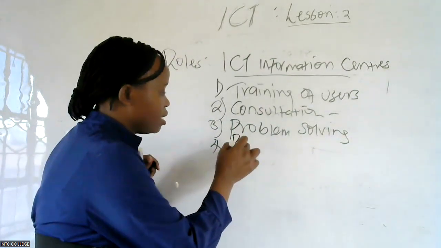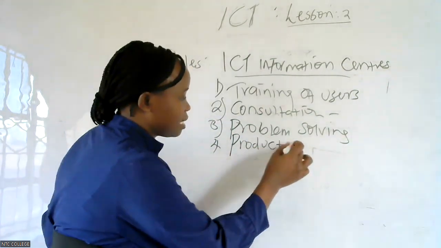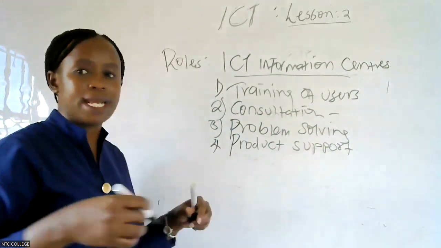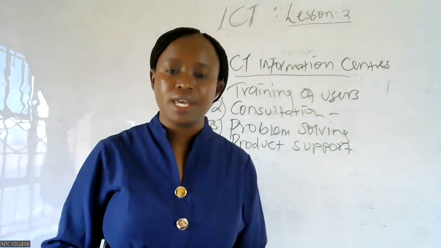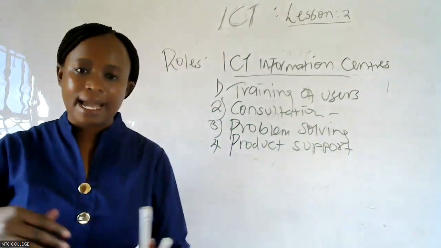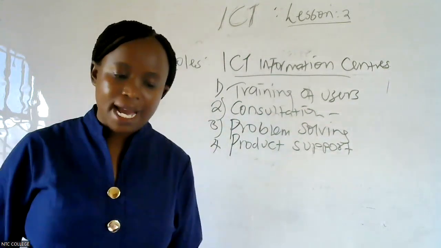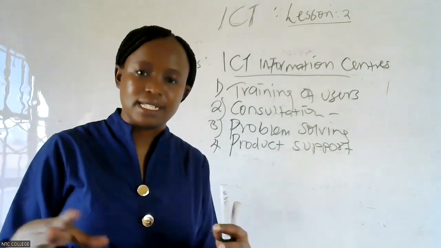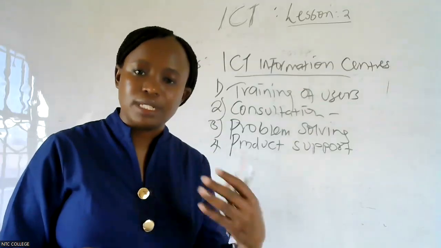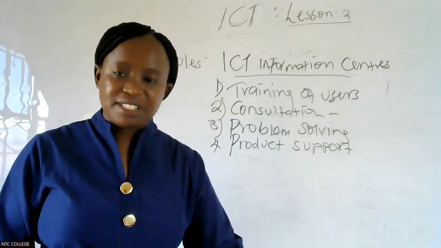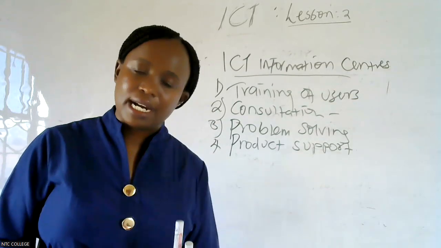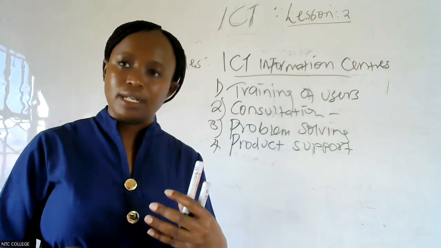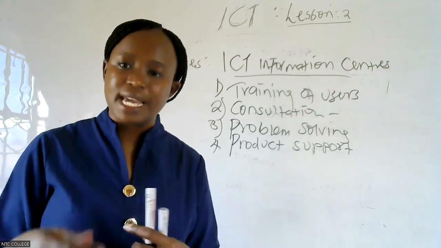They also give us what we call product support. Product support means when new products are being launched, they will give us guidelines. If they are launching a different type of technology, for example, if Zoom is advancing to a different technology, the ICT customer centers will take care of that concern to orient the user.